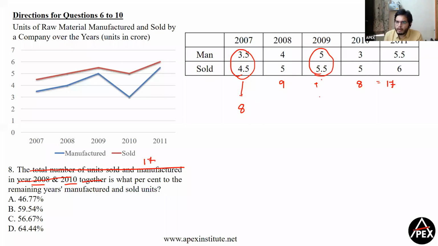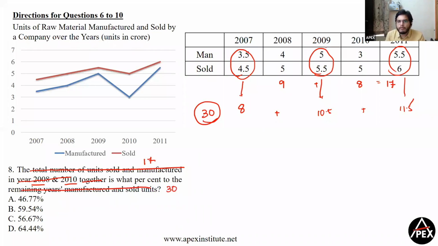In 2009, we have 10.5, and in 2011, we have 11.5, isn't it? So the number of units in these 3 years will be 10.5 plus 11.5, 22. 22 plus 8, 30. Replace this with 30.